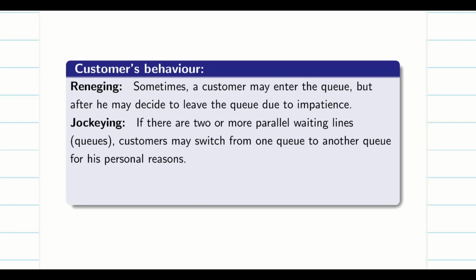In the other queue, 20 people are there, but they will move in 2-3 minutes. Yet my queue is very slow. What will I do now? From queue 1, I will try to skip and jump into the other queue which is moving fast. Can you understand? A customer may switch from one queue to another because it is moving fast or for some other reason. Then it is called jockeying.